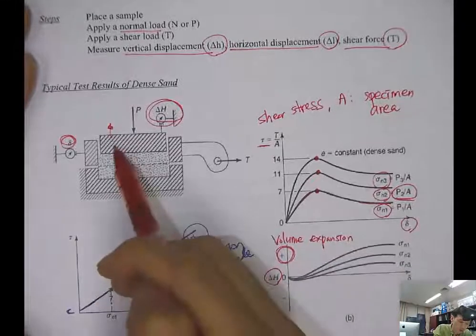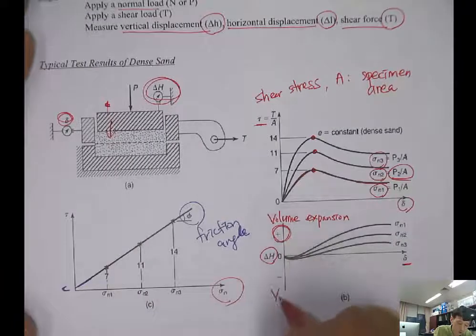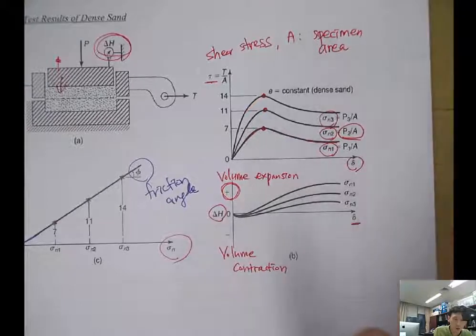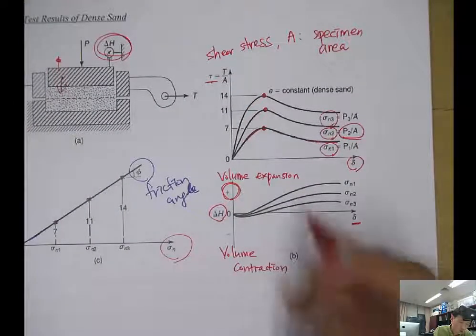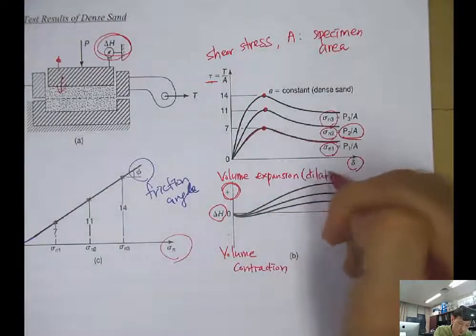If the loading cap goes down during the shearing, it means that the volume contracts. So this graph also tells you about the volume change during the shearing. And the volume expansion is called dilation.